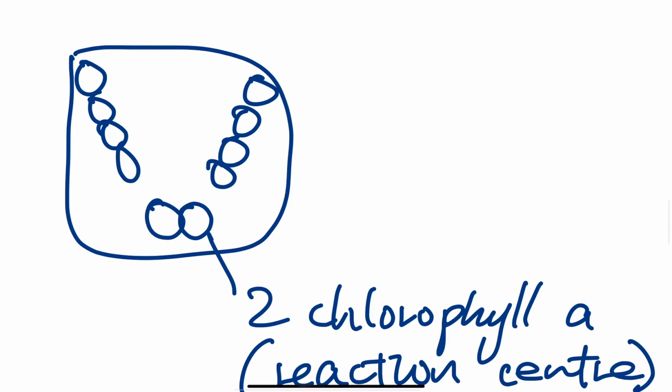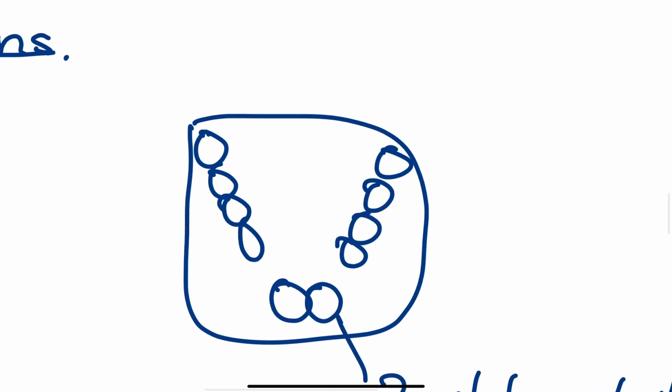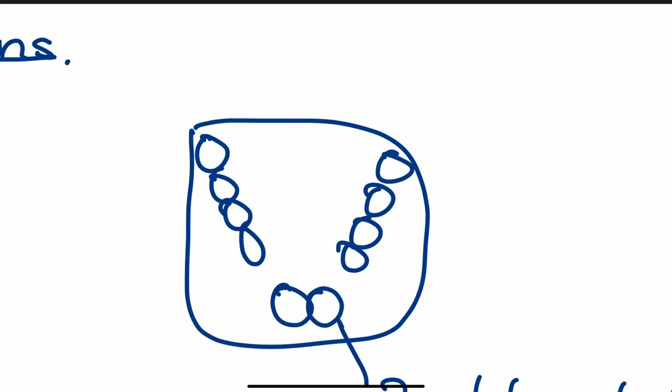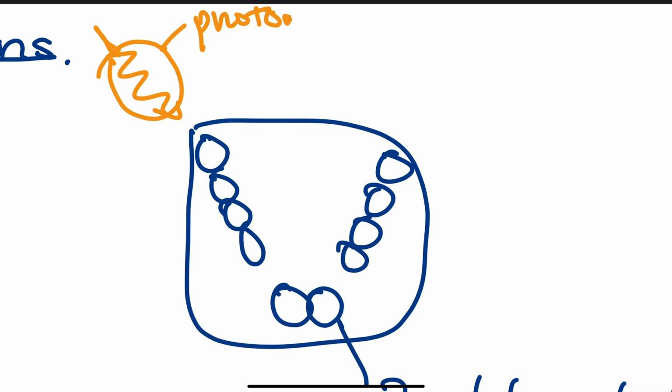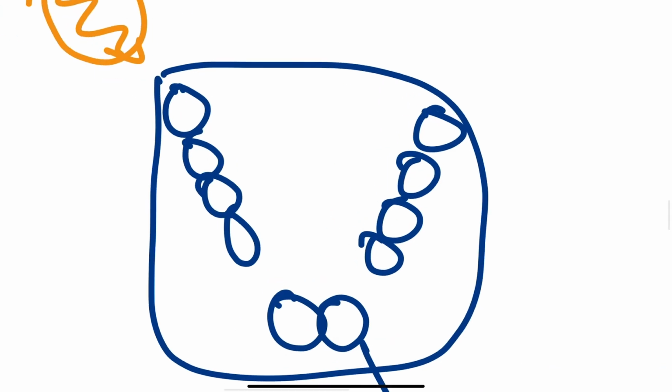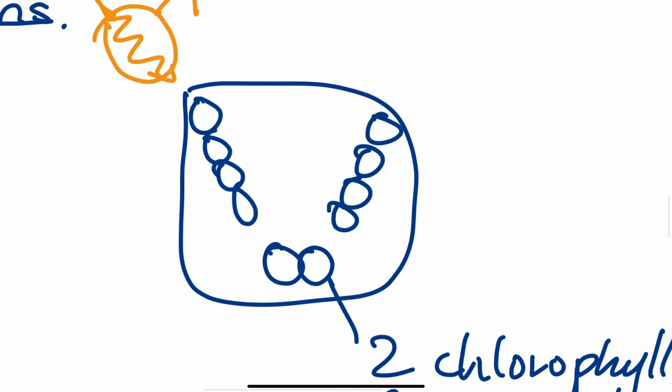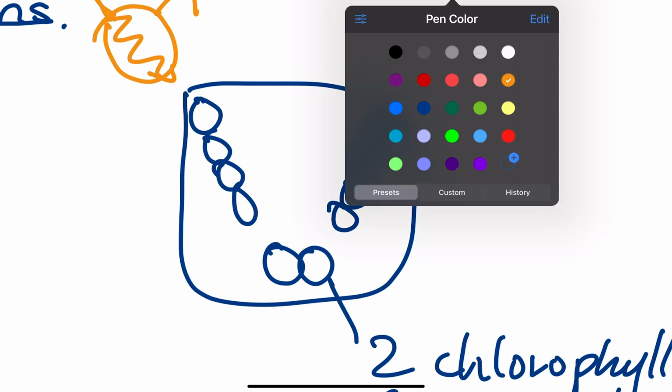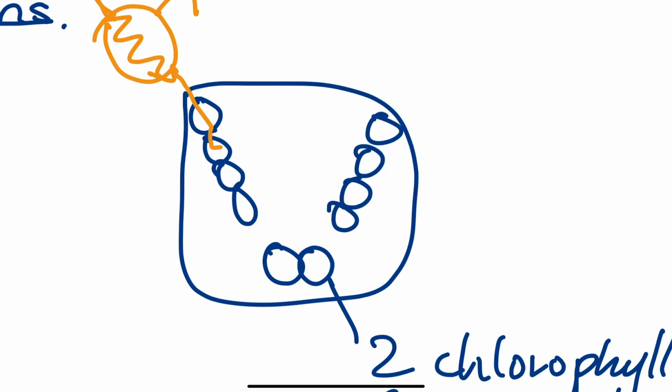So essentially what will happen is that when light energy arrives at the photosystem, imagine this is your photon, this light energy is gonna get passed down and eventually reach the reaction center.